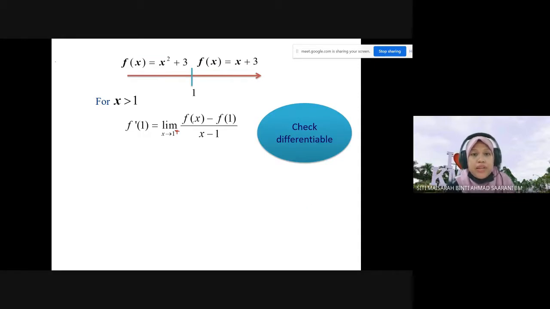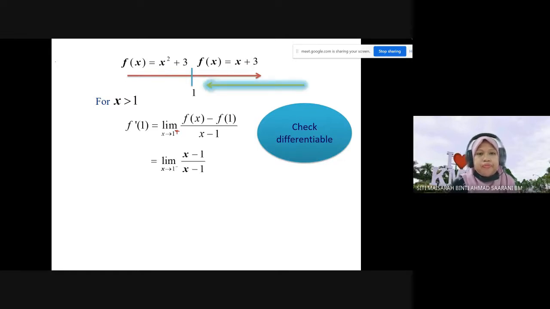Fx dia ambil yang sebelah kanan, which is x plus 3 minus f1 dia 4 over x minus 1. Ini sepatutnya kena tulis dulu lah.